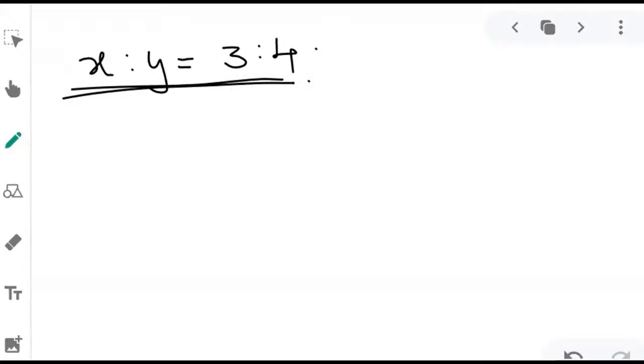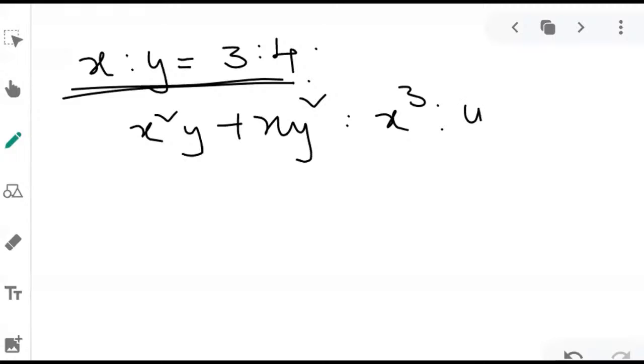Nineteenth, ma'am. Okay. x is to y equal to 3 is to 4. So (x square y plus x y square) is to (x cube plus y cube). You can do this according to today's method, right?